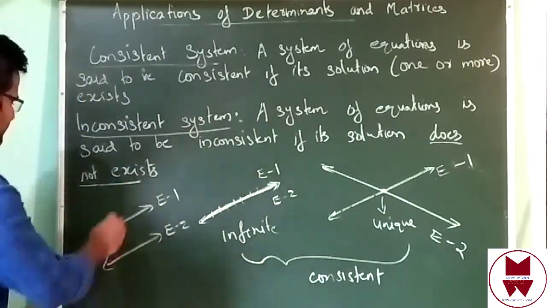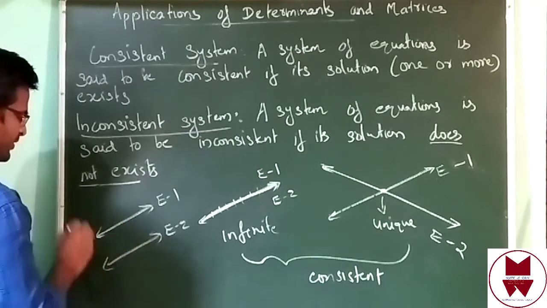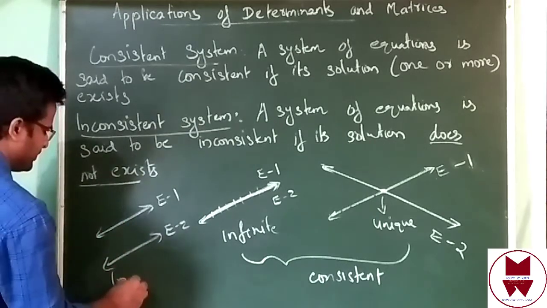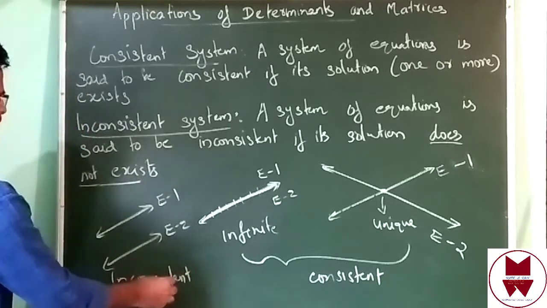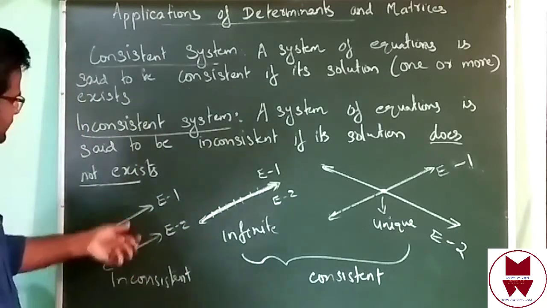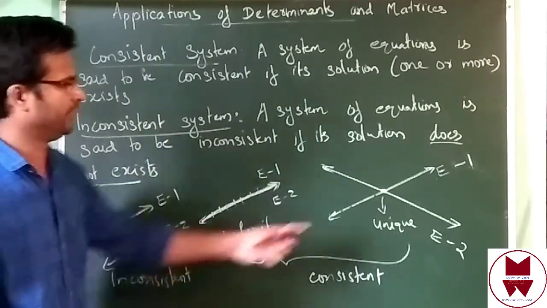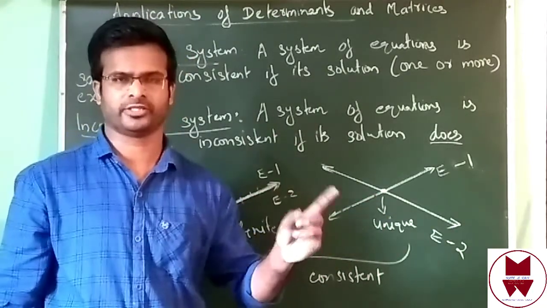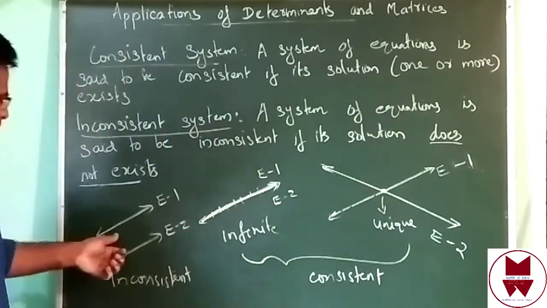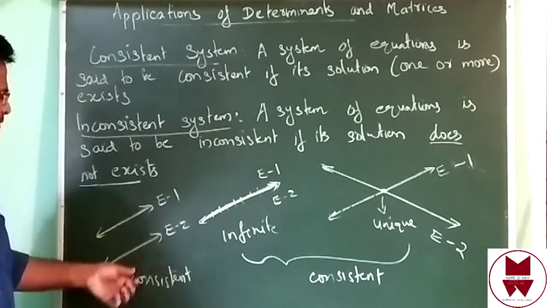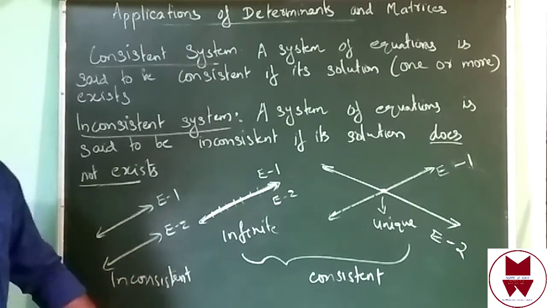In this case we say these two equations are inconsistent. Here we can find only one unique solution, here infinite solutions, and in the last case we cannot find any solution. That's why this is known as inconsistent.